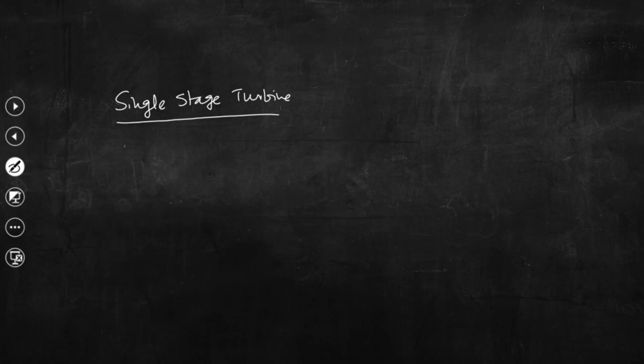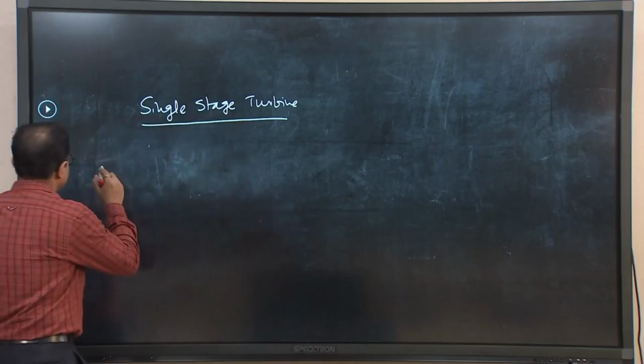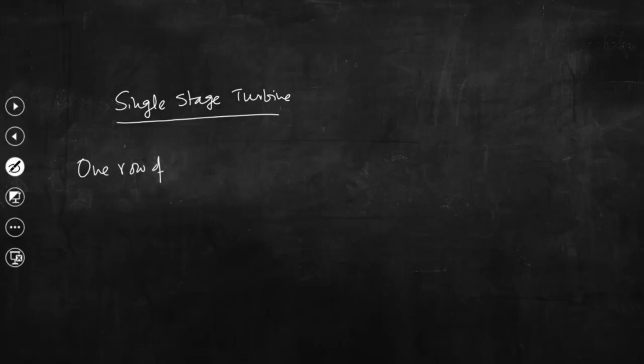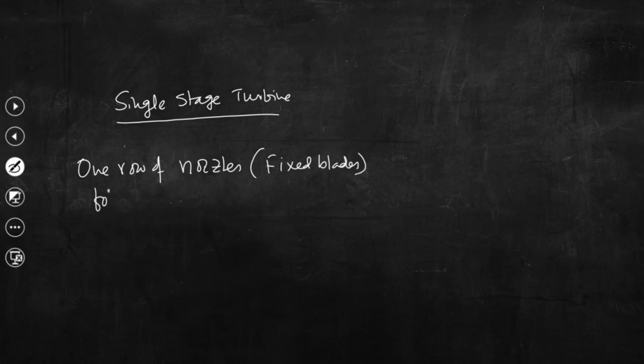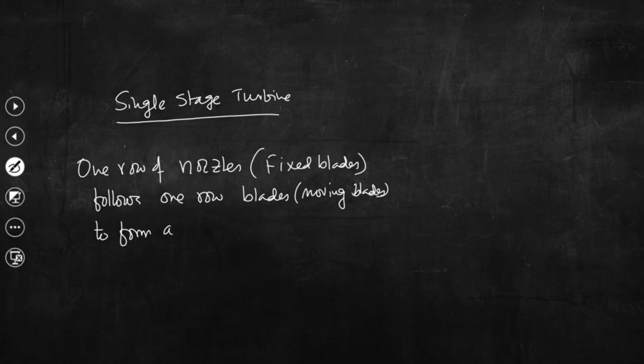One row of nozzles, or fixed blades, follows one row of blades, or moving blades, to form a stage of the turbine.